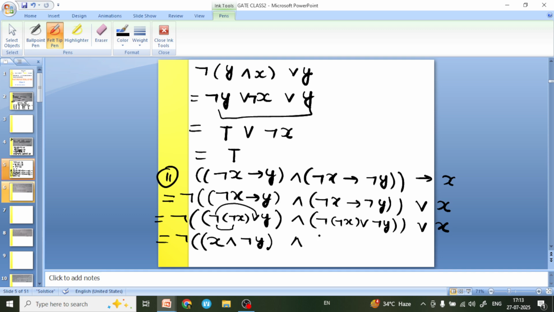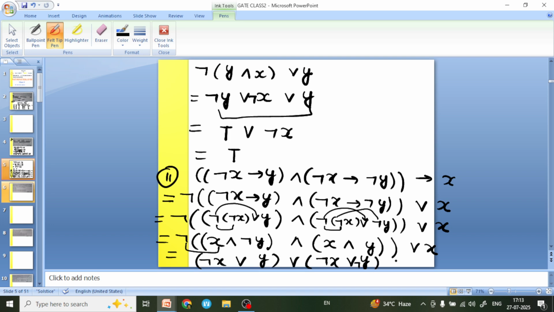and due to this not, and not y, and x. Due to this, and due to this not cancels y, or x. Due to this not: x or y, or not x or not y, or x.